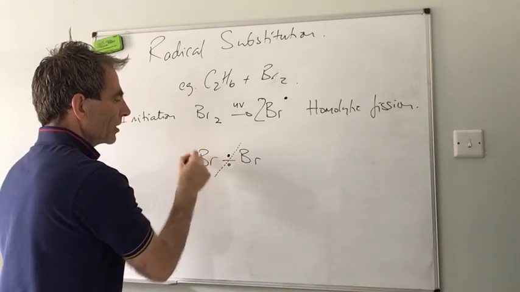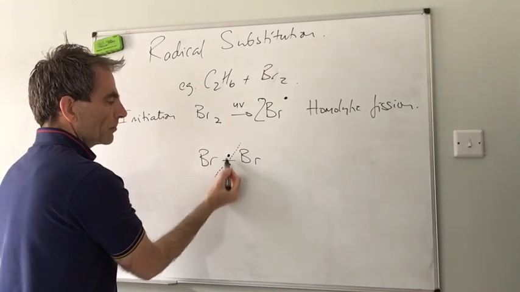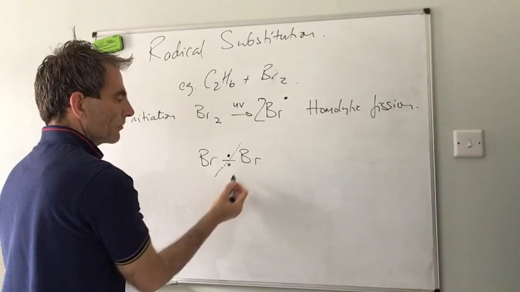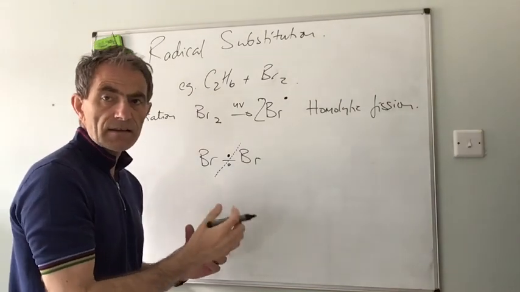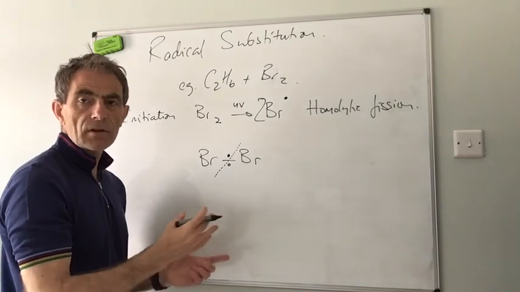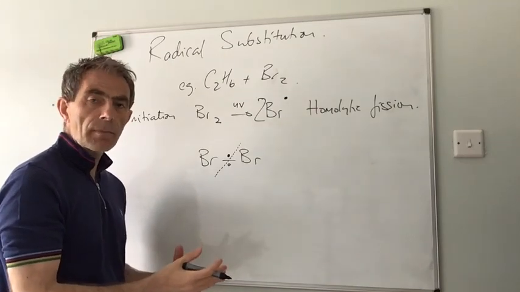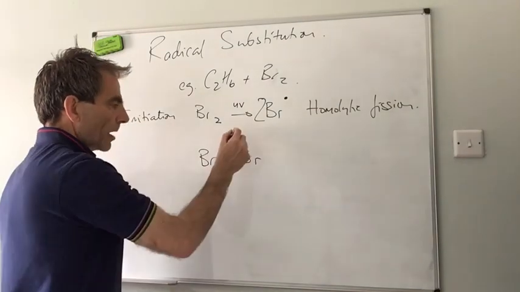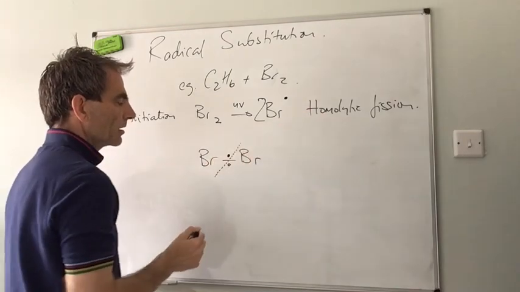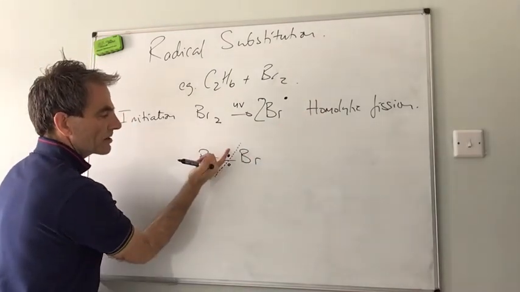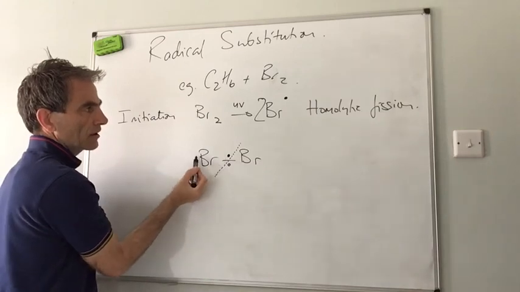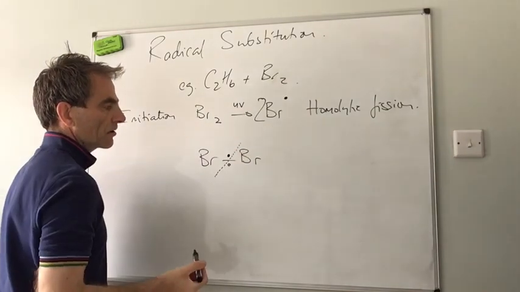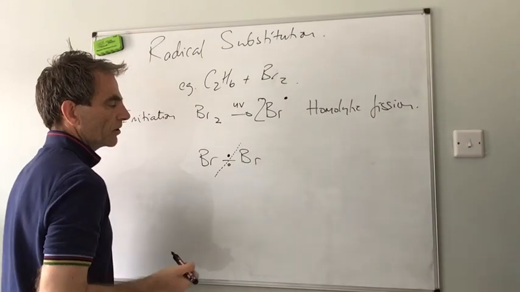So this bromine on the left gets one electron from the pair, this bromine on the right gets one electron from the pair. So the homo bit is the fact that they both get the same number of electrons from the broken bond, okay? So that bond breaks homolytically. And obviously you can see that when this left-hand one breaks off, it's going to take that unpaired electron with it. So that's why we use the dot there, and likewise for this one here.